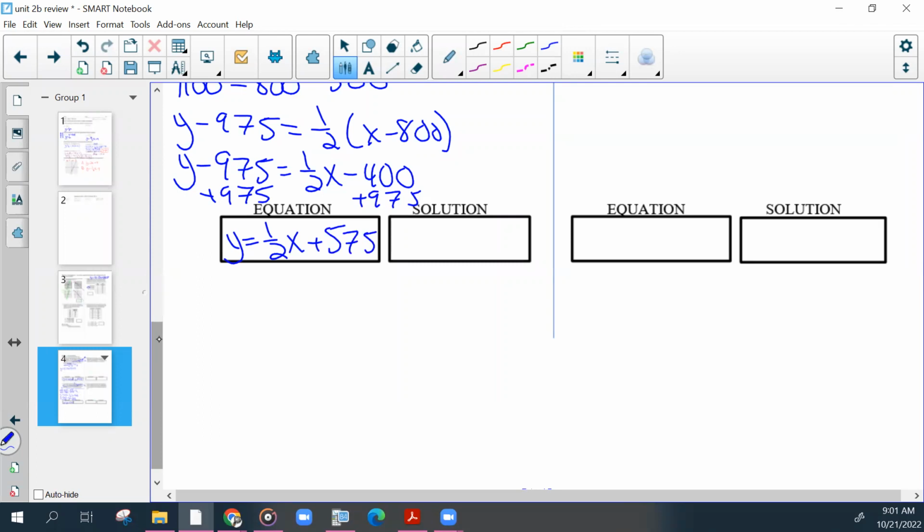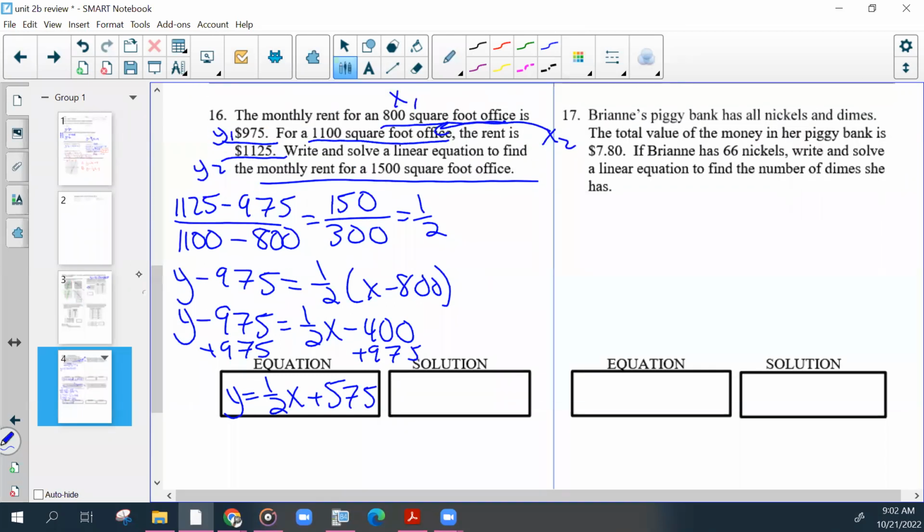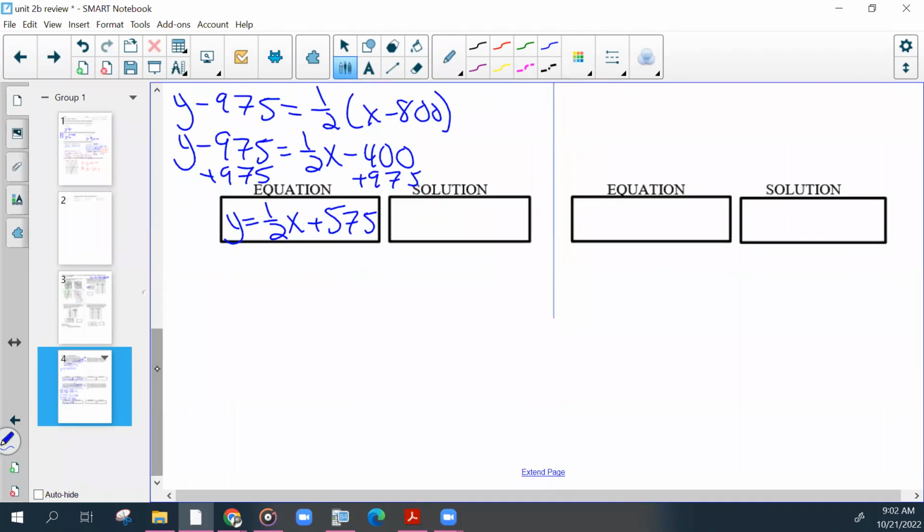And then we have to use that equation to find our final answer. So we're looking for the rent of something that's 1,500. So the rent is going to be our y, we don't know what that is. The square footage is 1,500.